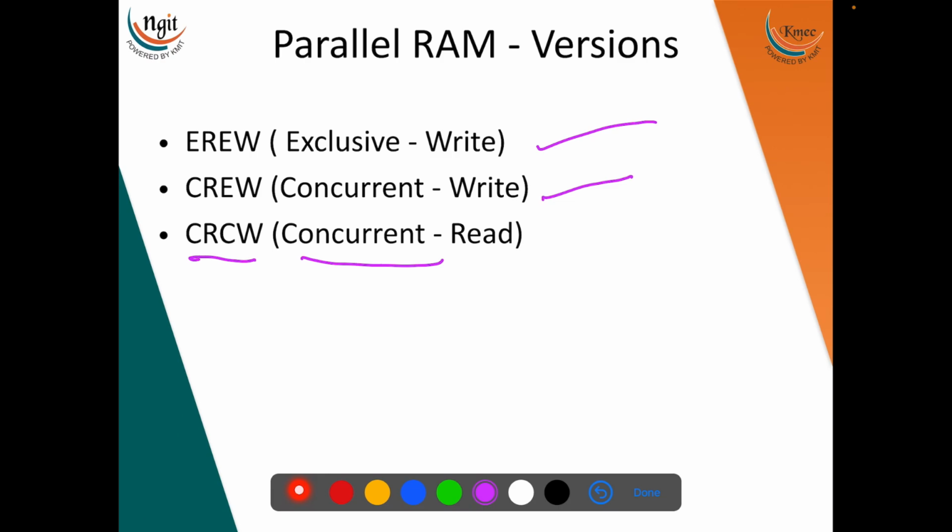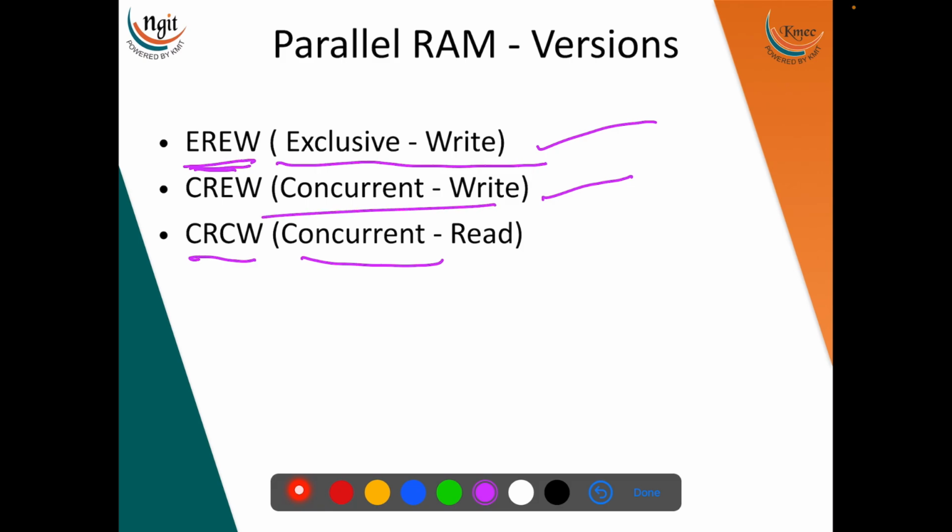Each differs from the others in how it resolves memory conflicts. The most restrictive version is the exclusive read and exclusive write, also called EREW PRAM, in which no simultaneous reads or simultaneous writes are allowed.